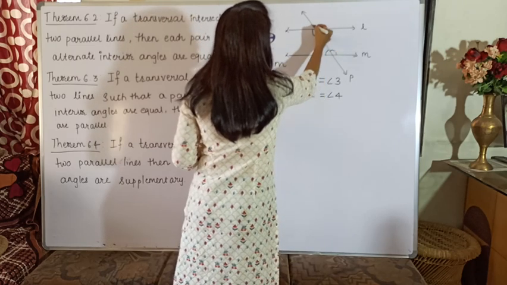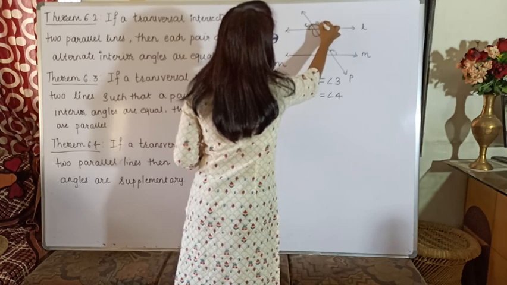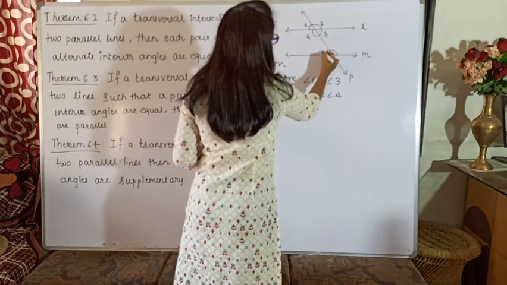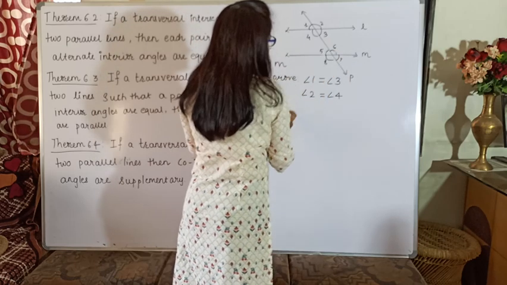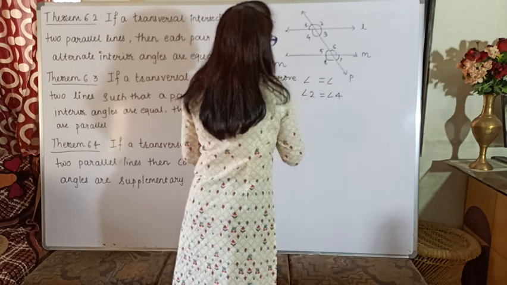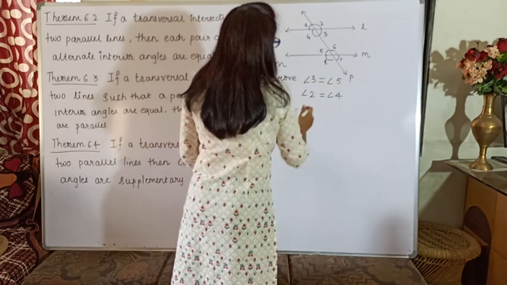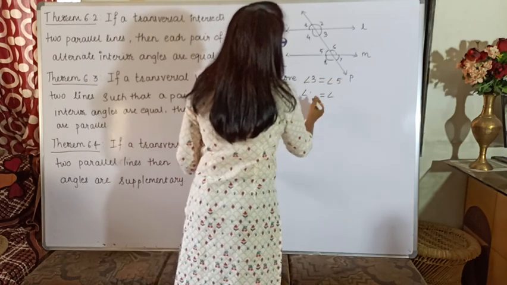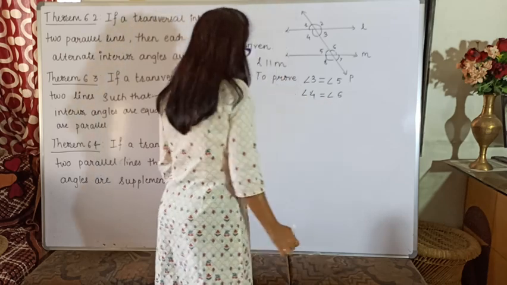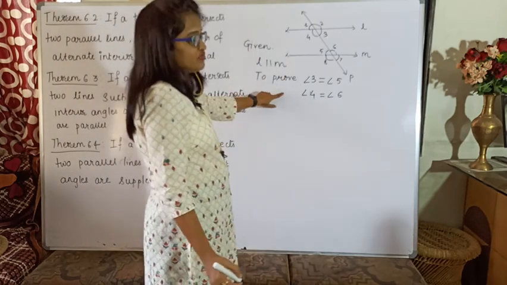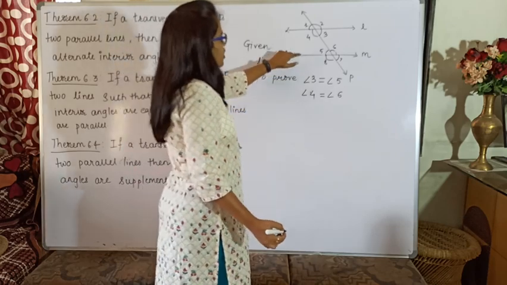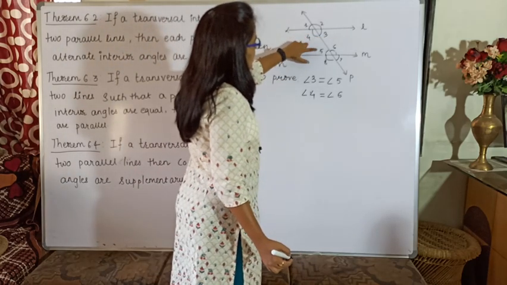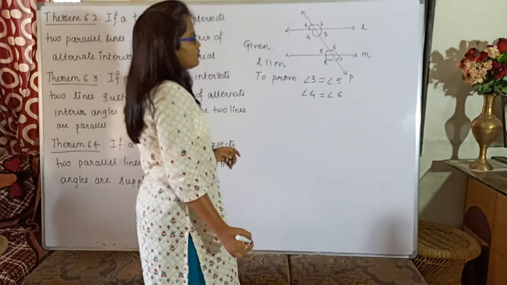So I have named as angle 1, 2, 3, 4 and 5, 6, 7 and 8, and I will change this angle 3 and angle 5, whereas angle 4 and angle 6. So why did I name this? Because I have to make use of the corresponding angle axiom. So I have to prove angle 3 and angle 5 to be equal to one another.